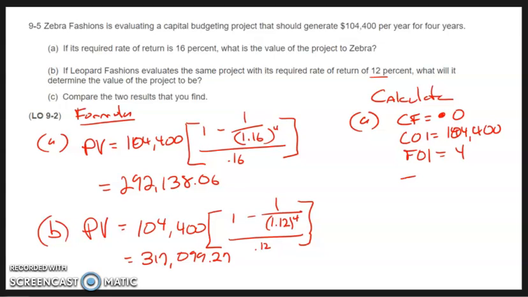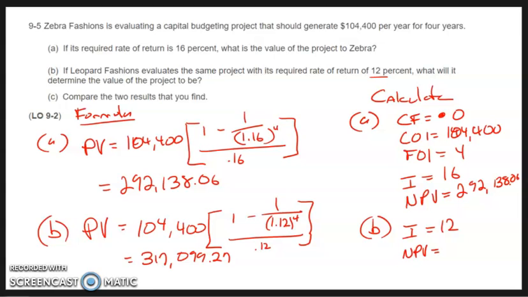Then you hit NPV, and I is 16, and you go down to NPV and hit compute, and you get 292,138.06. For B, all you do is change I to 12, and then go down to NPV and hit compute, and that's $317,099.27.